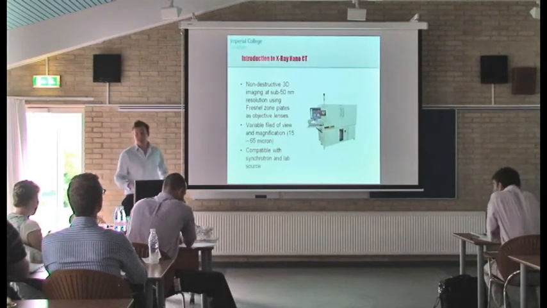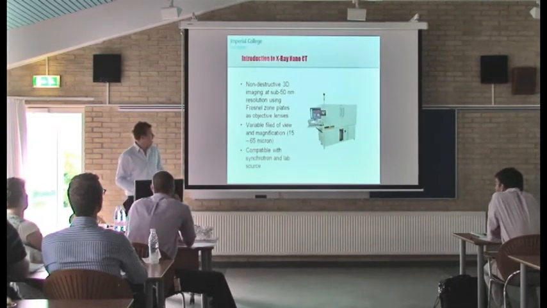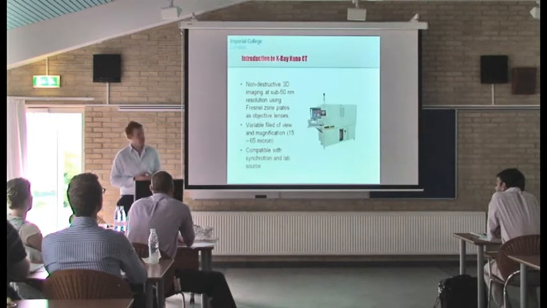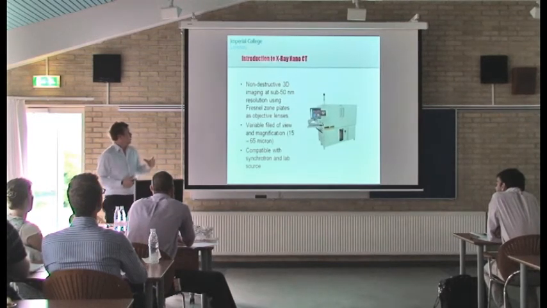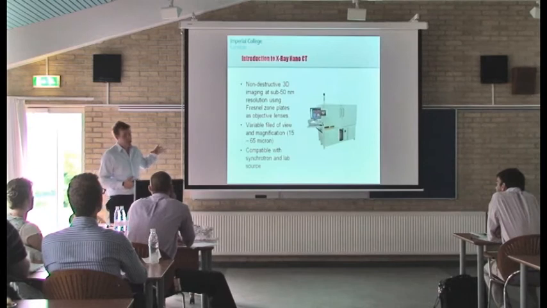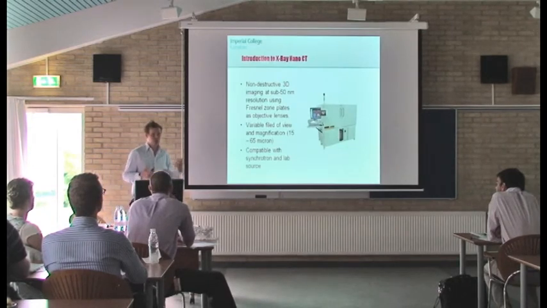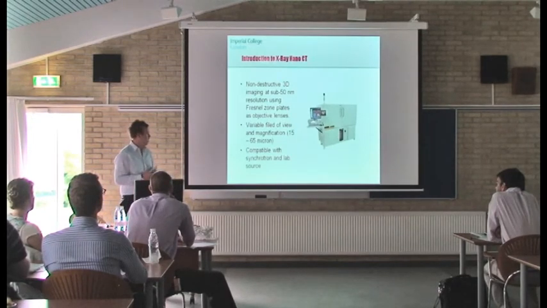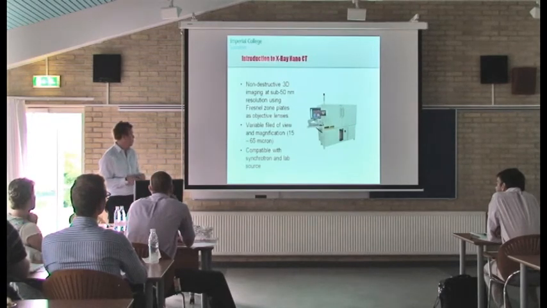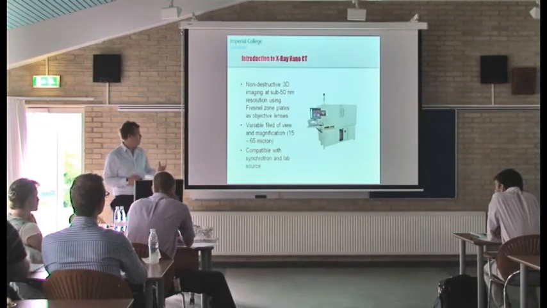And that's where we got into looking at X-ray nano-CT, because X-ray CT is obviously a non-destructive technique. So nano-CT is a relatively new kind of invention. I suppose it's been at synchrotrons for almost 10 years maybe, and for a lesser amount of time in lab-based environments.